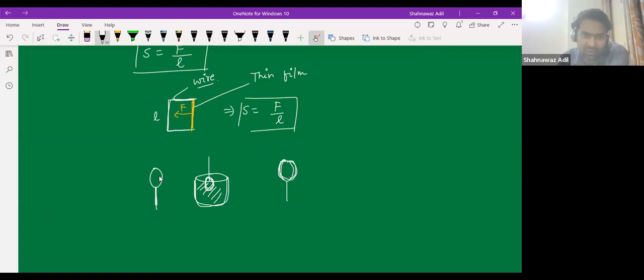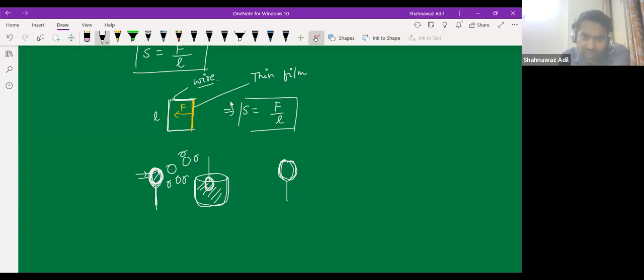You have used that, right? So if you put it into soap liquid, then a thin film is created around this wire. And then you put some air, and then the bubbles are formed, right? Yes, sir. So you saw the thin films created around this wire, right? But how many layers are there? It has two layers, right? One behind and the other one in front of that. So there are two layers.